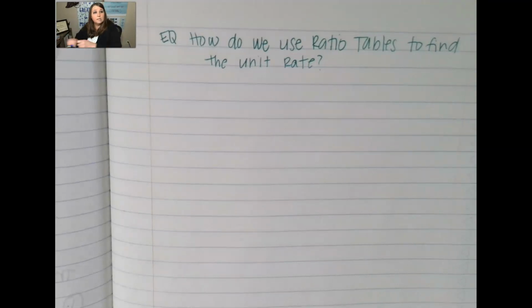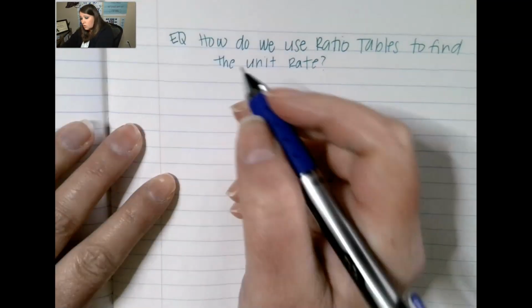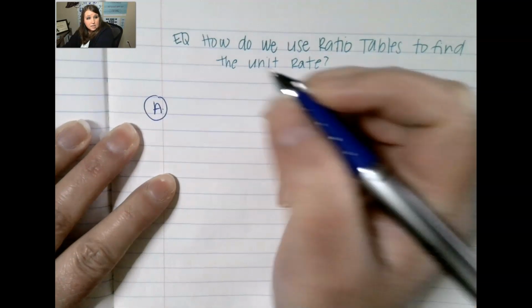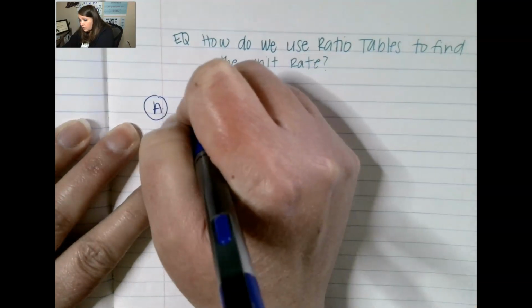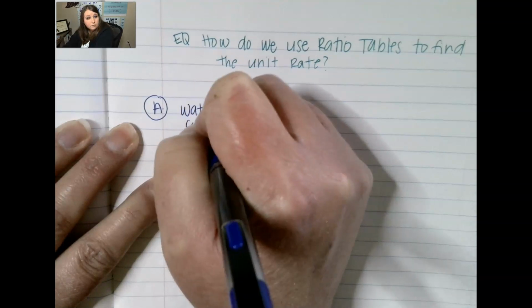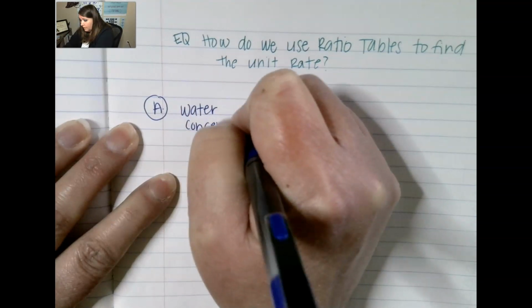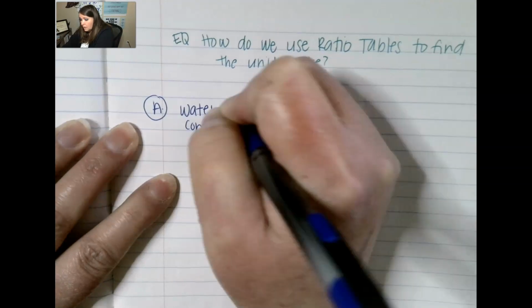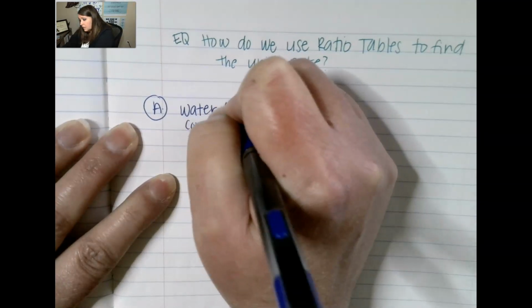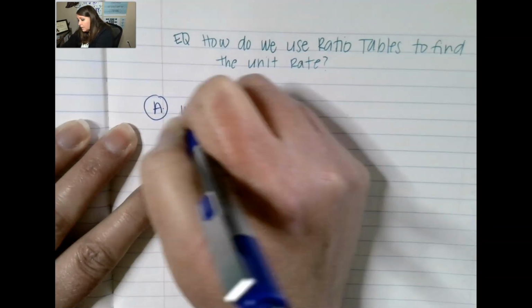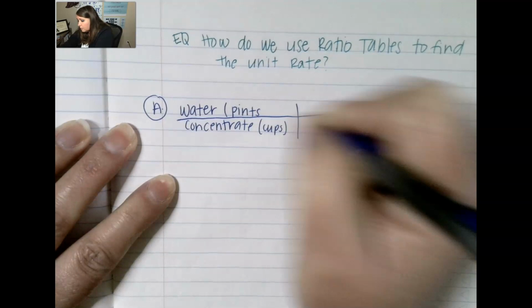So our first example says to find the unit rate when we have something that looks like this. We're comparing water to concentrate. And this is in cups, and the water is in pints. So we are comparing pints to cups.